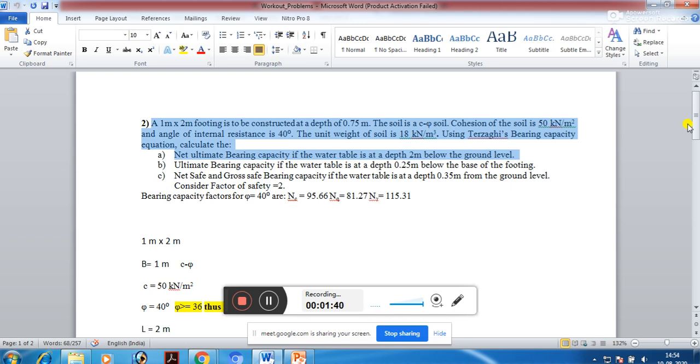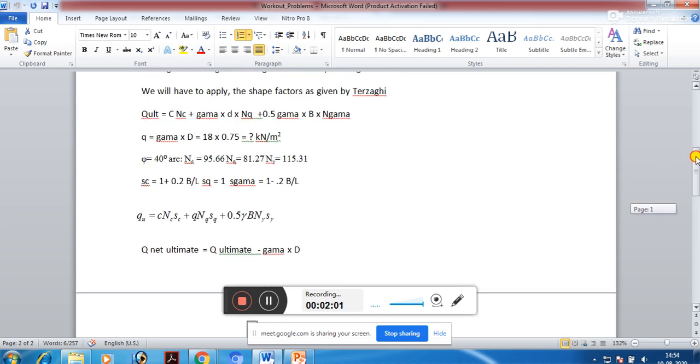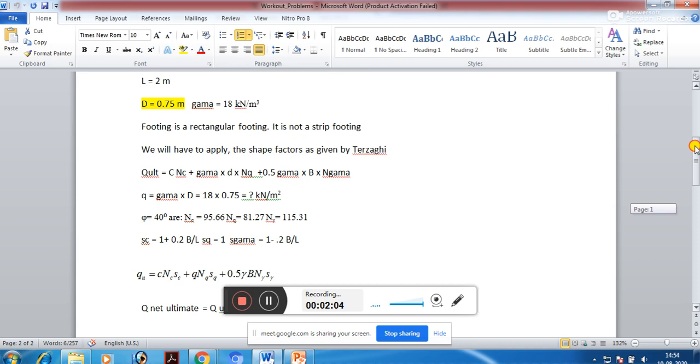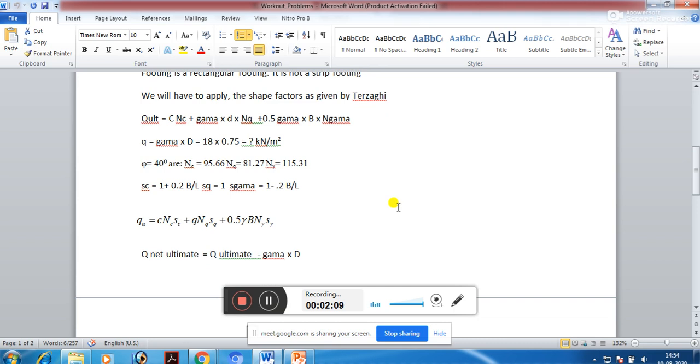For case number 1, or problem number 2a, we have seen that the water table is below 2 meter from the ground level, that is, the water table exists beyond the limit of influence. So there is no effect of the water table on bearing capacity, and therefore we said that the water table correction factors, which are basically RW1 and RW2, will necessarily become 1 in that case.